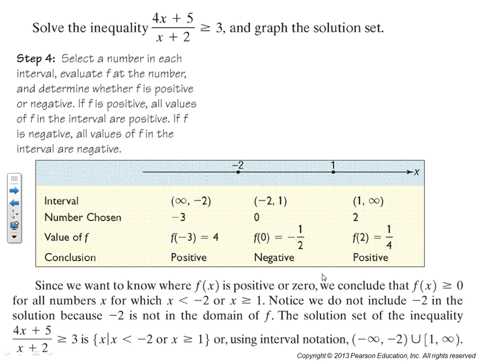And then from 1 to infinity, and we can equal 1 because it's greater than or equal to. So we have an included 1. Interval notation says negative infinity to negative 2, union with 1 included to infinity.